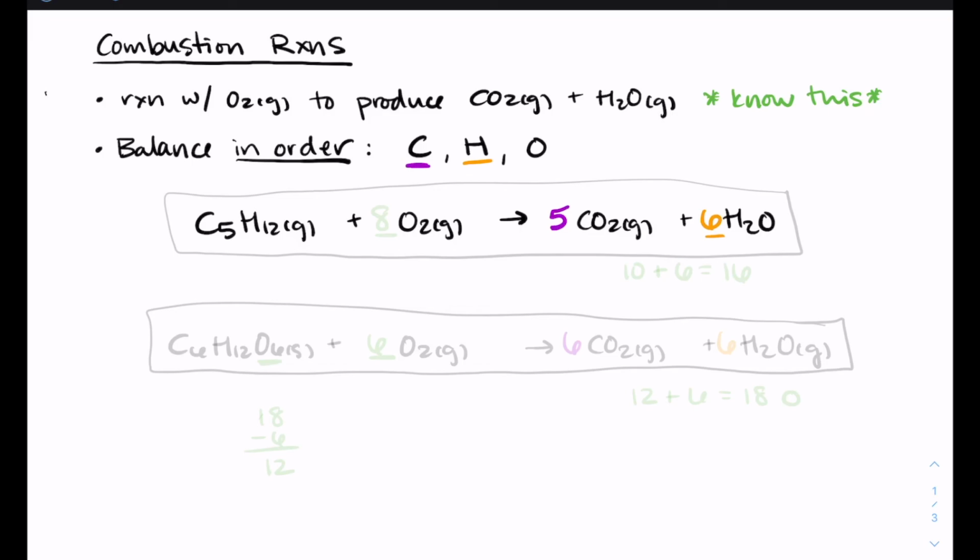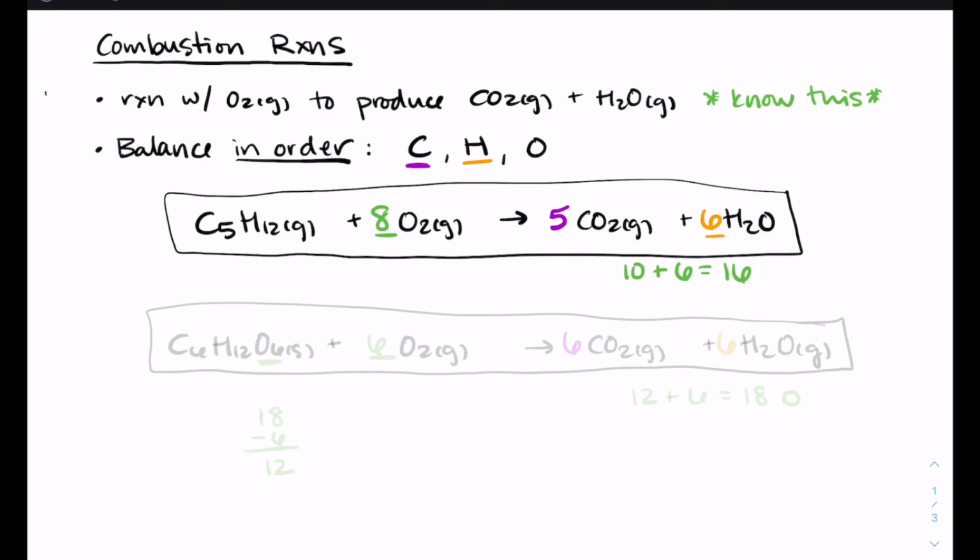What this leaves me with, on the right, is 10 oxygens in carbon dioxide and 6 oxygens in water. So 10 plus 6 is 16. I need 16 oxygens on the left, and I can accomplish that by putting an 8 in front of O2.